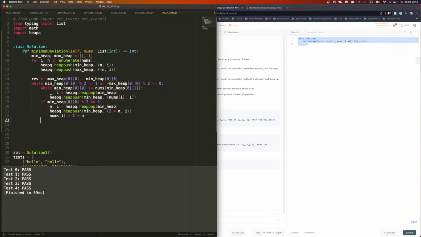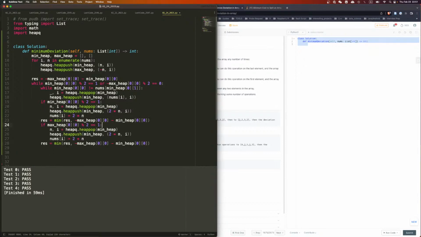Okay, then we say res equals minimum of res, and max heap 0 0 minus min heap 0 0. Okay, now we do exactly the same thing on the max heap.